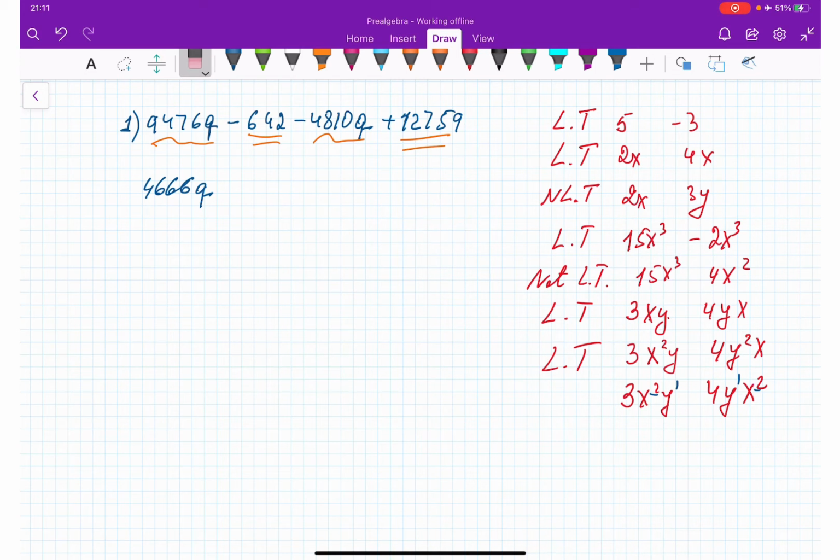Now let's do the next calculation. Negative 642 and positive 12,759. Obviously, the result is going to be positive because this number is bigger than this one, but with positive and negative, we need to subtract.